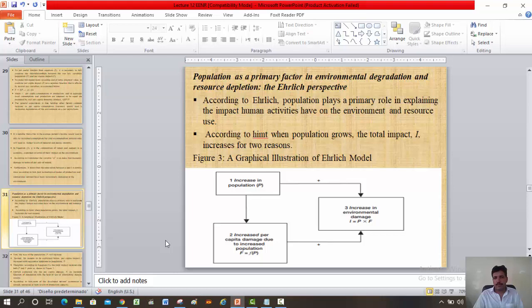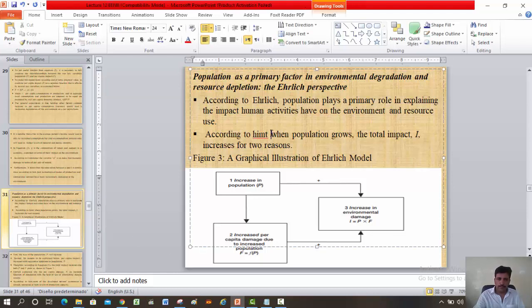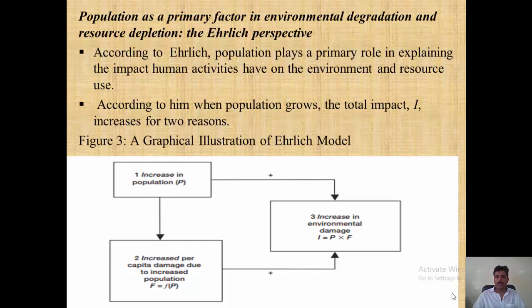Population is a primary factor in environmental degradation and resource depletion, the Ehrlich perspective. According to Ehrlich, population plays a primary role in explaining the impact human activities have on environment and resource use. According to him, when population grows, the total impact I increases for two reasons.